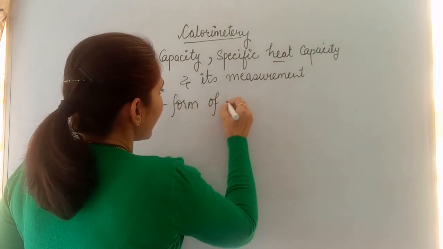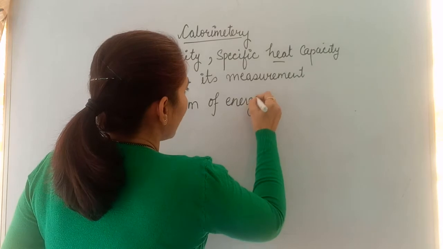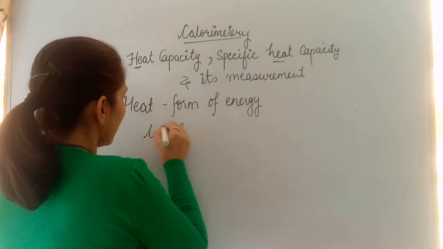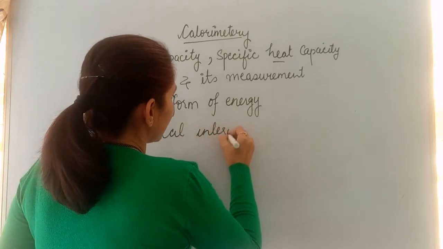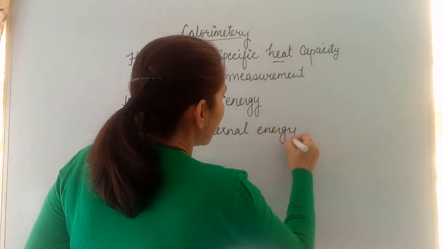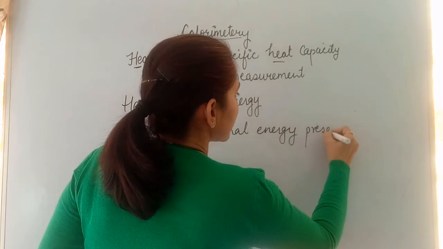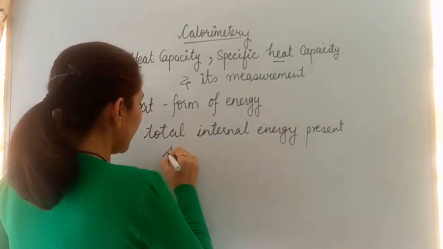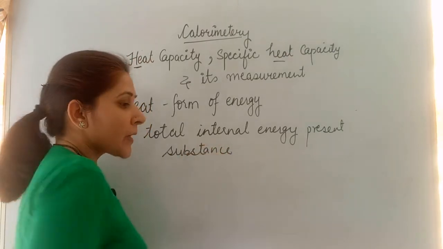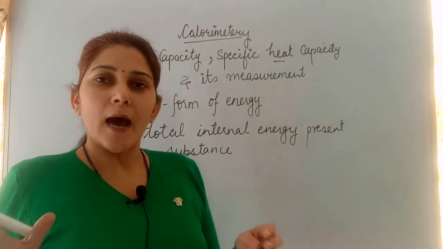But which type of energy are we talking about here? Basically we are talking about the total internal energy present in the substance. Now what is the meaning of this total internal energy? As we are aware, all substances are made up of molecules, and these molecules are in random motion.